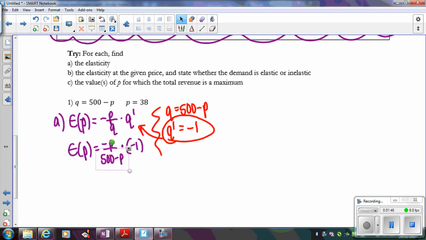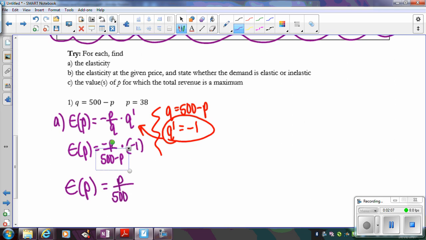From here, I'm going to simplify this expression. So epsilon of P is equal to, this is negative P up top, so negative P times negative 1 is going to be P over 500 minus P.